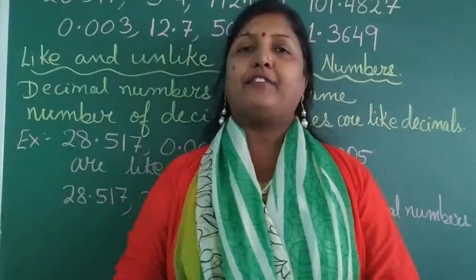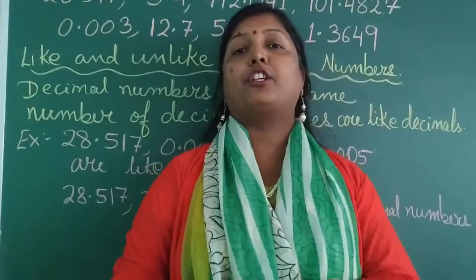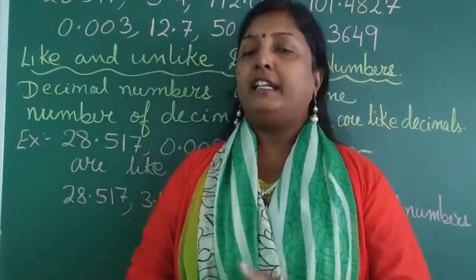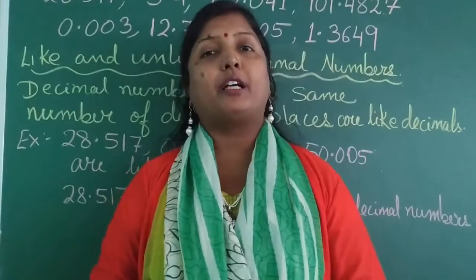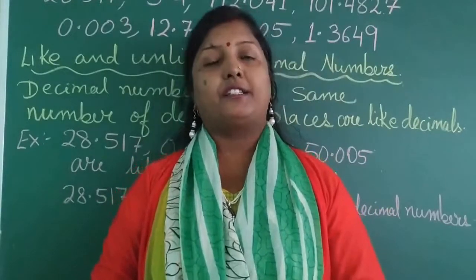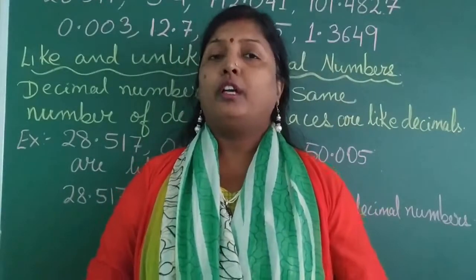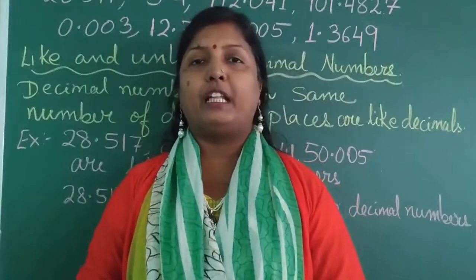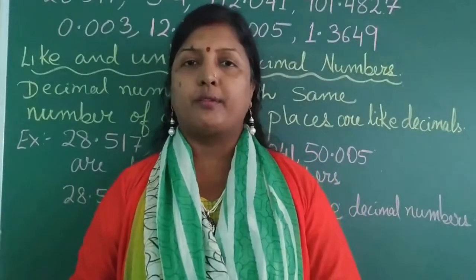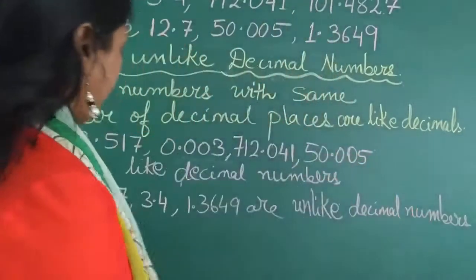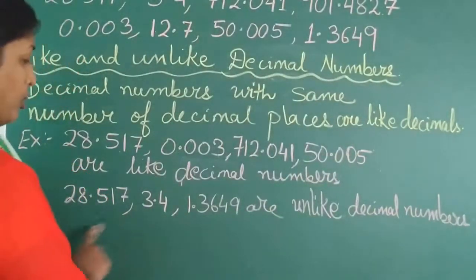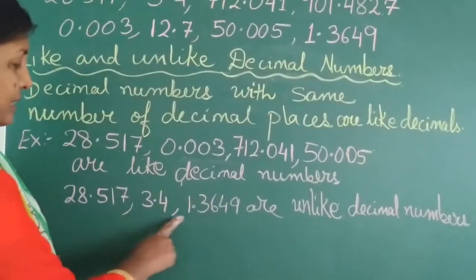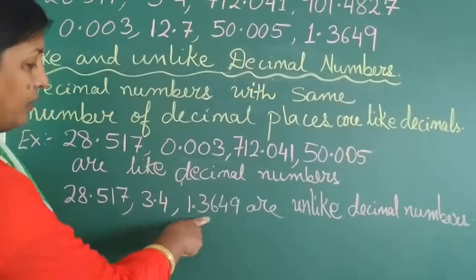Now just like in fractions you converted unlike fraction into like fraction, in decimal number also the unlike decimals can very easily be converted to like decimal numbers. So in fractions though the method was very lengthy, here the method is really very simple. Let us see what it is. You can see these all are unlike decimal numbers. So what you do is look at the maximum decimal places.